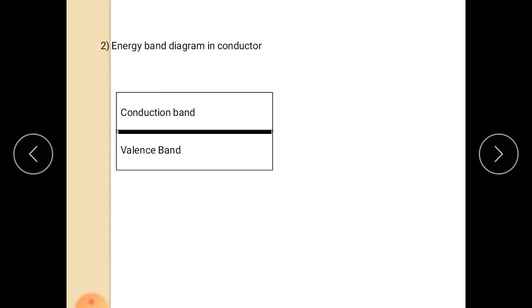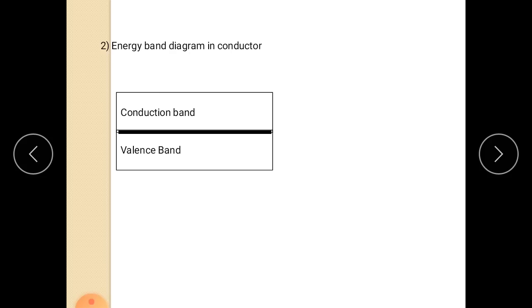So in case of a conductor, the valence band and the conduction band are overlapped or superimposed on each other. There is no physical difference between the two bands.